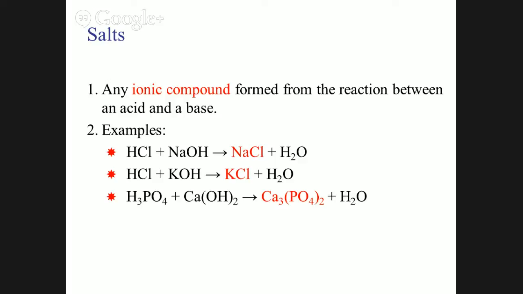And then the last example, we have phosphoric acid, H3PO4, and calcium hydroxide. They combine to make calcium phosphate and water. Notice that in all three cases, we are making water. So we make a salt and water.